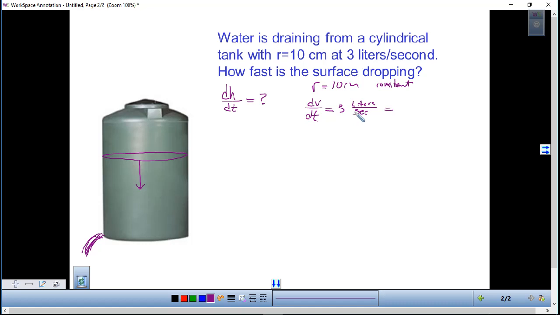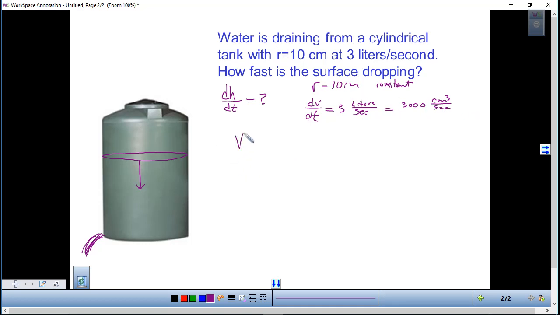Well, if you remember, back in the optimization, we learned that a liter is 1,000 cubic centimeters. So this is 3,000 cubic centimeters per second. And that's what we're going to use. That way we can actually cancel out when we need to and all that.